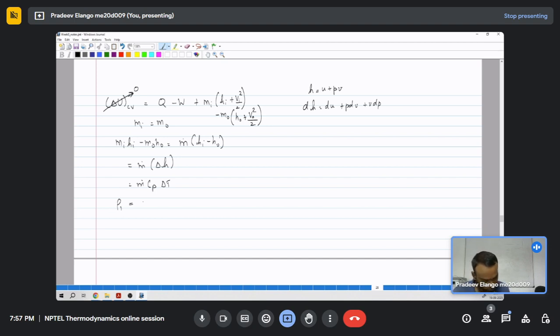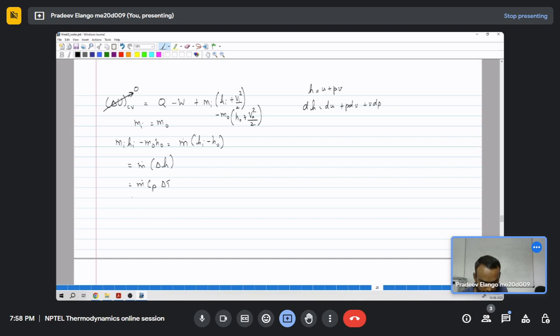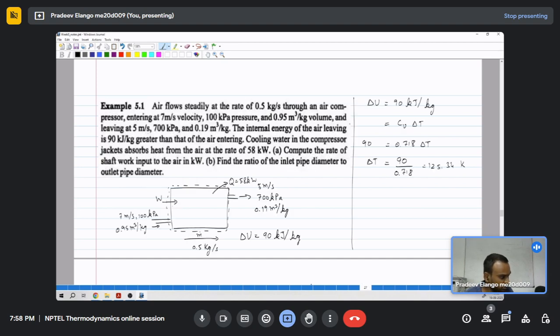For m dot we need density, given by P by RT, or we already know the specific volume v1 is 0.95 meter cube per kilogram. Sorry, m dot is given, it's 0.5. So m dot is 0.5 into Cp, 1005, into delta T, which we calculated as 125.34.